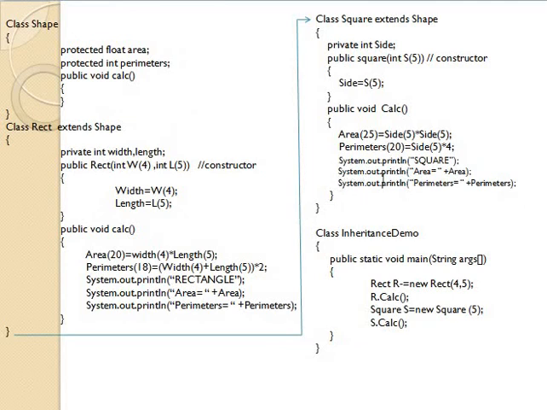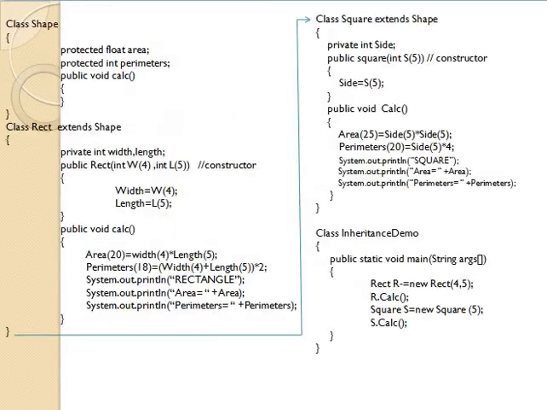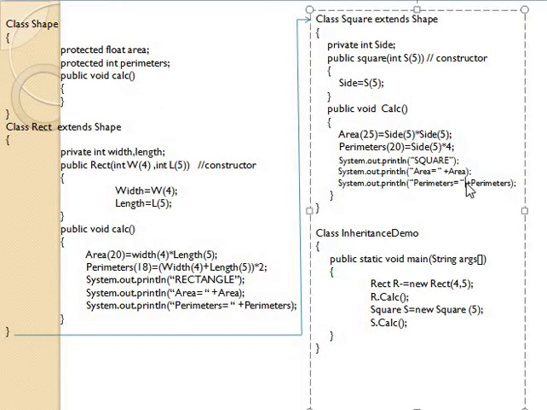Again come below, move to the next line. The next line prints the text perimeter equal to, which is enclosed within inverted commas using the statement System.out.println. So the text perimeter equal to gets displayed exactly as it is in the output. Now also something has been added to this text using this plus operator.